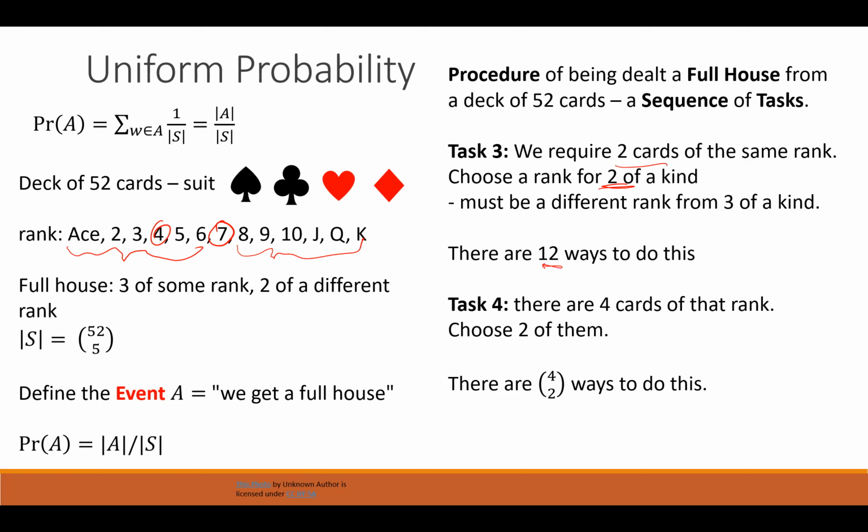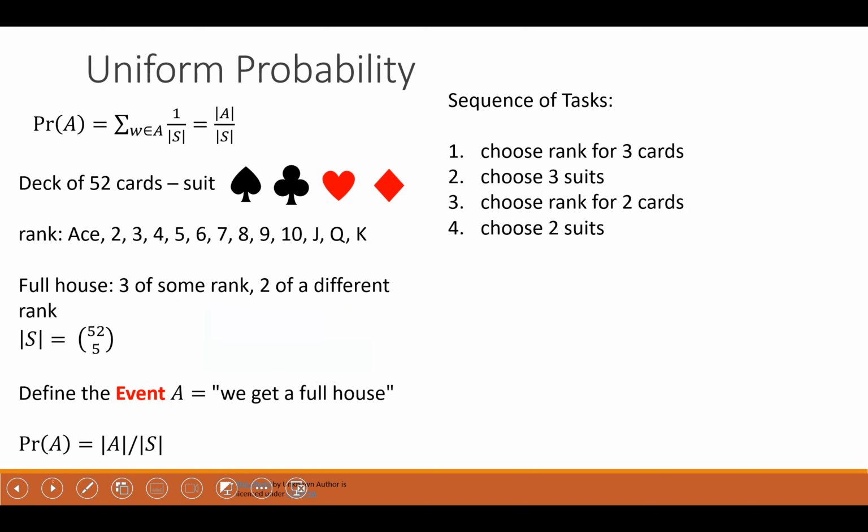Again, you could write these all as binomial coefficients, right? 12 choose 1, 4 choose 2. So using the product rule, these are my sequence of tasks, and these are the number of ways that I have to do each of these tasks. So I simply multiply them together to count my event A.